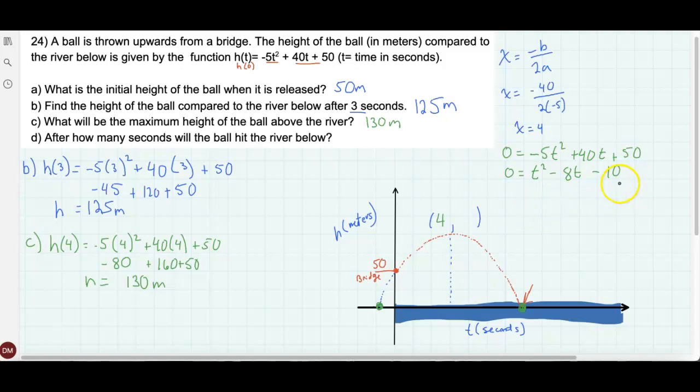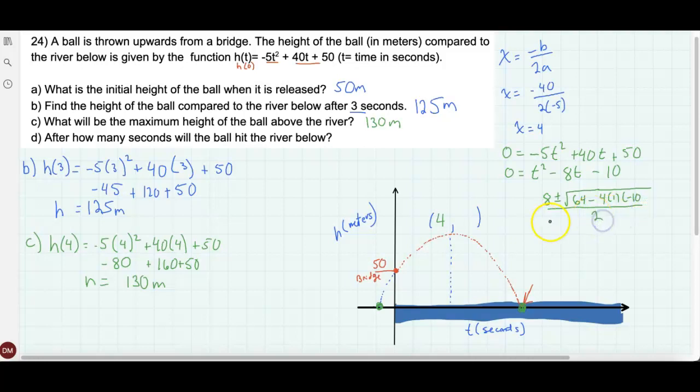So let's see if we can factor this. Well, the factors of negative 10, yeah, this one might not factor too nicely. We might have to use the quadratic formula. Alright, that's okay. So negative b, so we have just 8 plus or minus the square root of b squared, which is 64, minus 4 times a times c, all over 2.